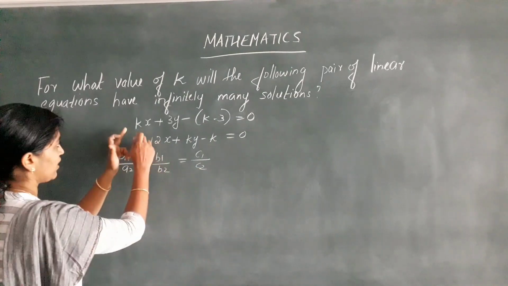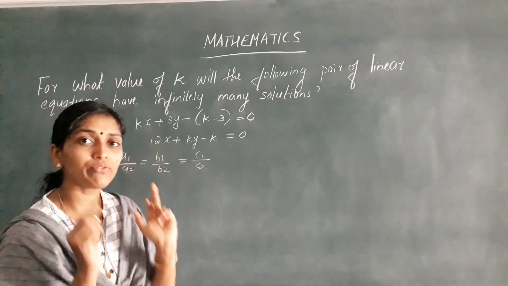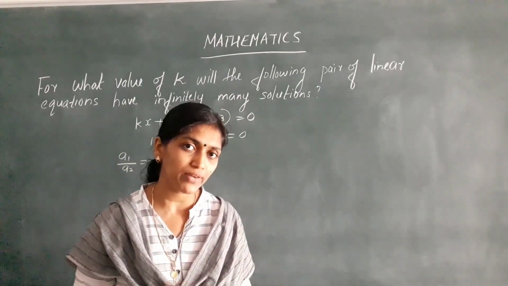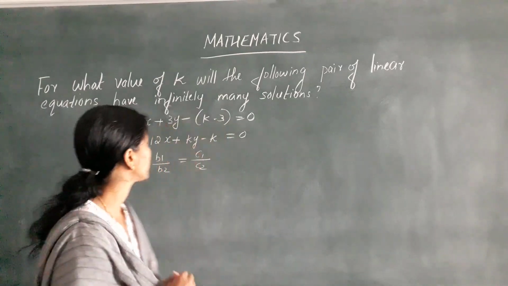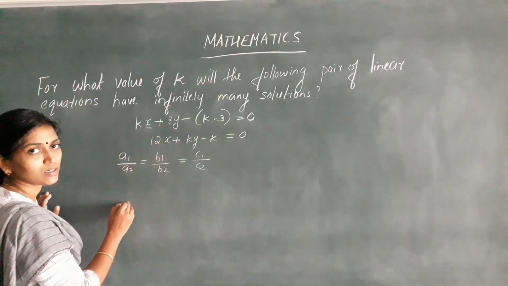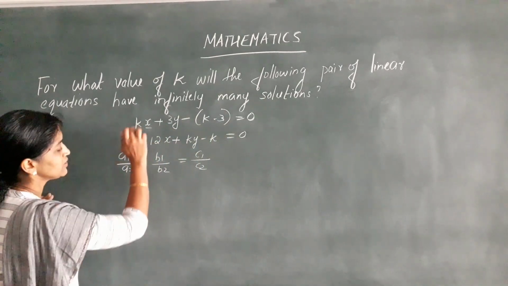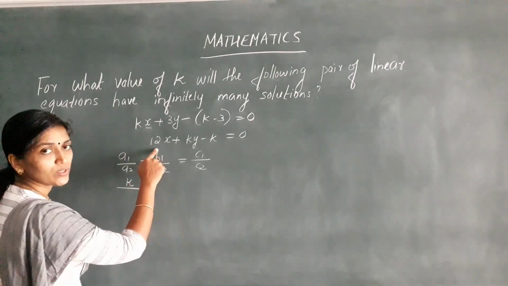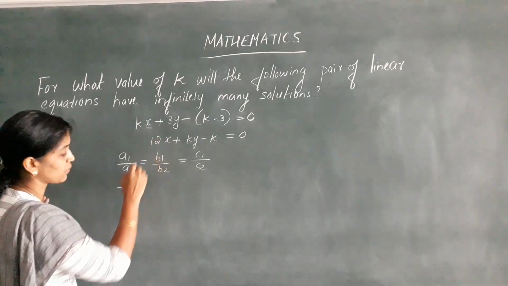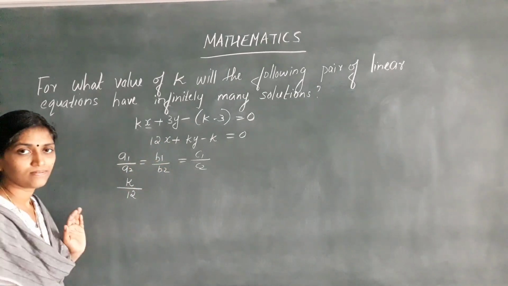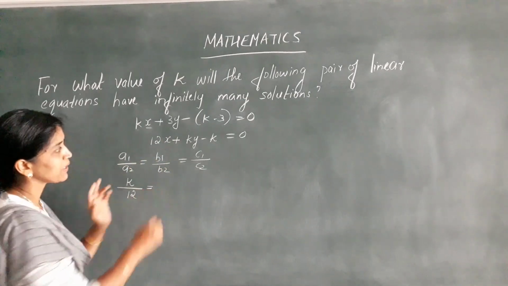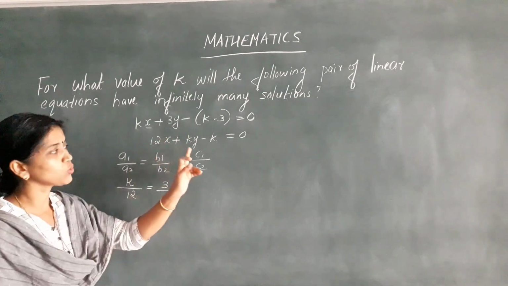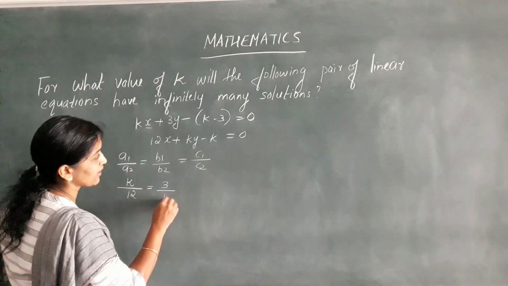And see a1. What is a1? a1 we know is the coefficient of x in the first equation. a2 is the coefficient of x in the second equation. So what is the coefficient of x here? It is k. So a1 is equal to k. Okay. What is a2? It is the coefficient of x in the second equation, that is 12. Now that's equal to, what is b1? b1 is equal to 3. And what is b2? b2 is equal to k here.